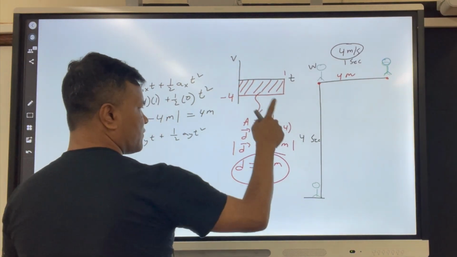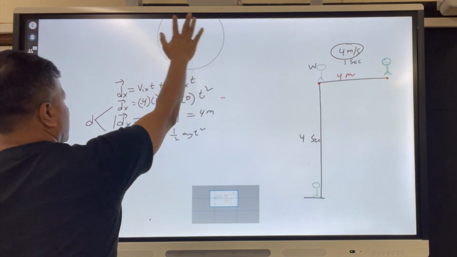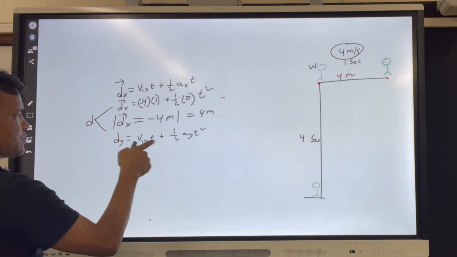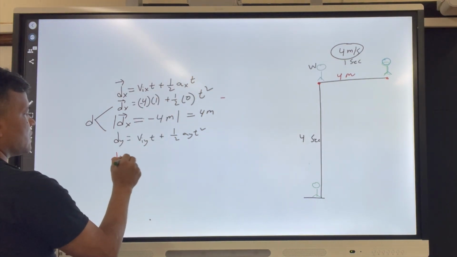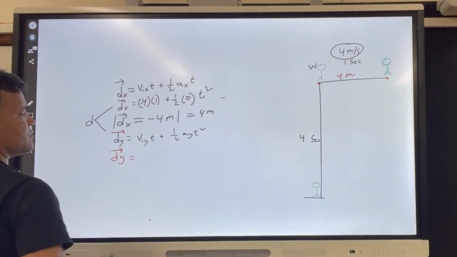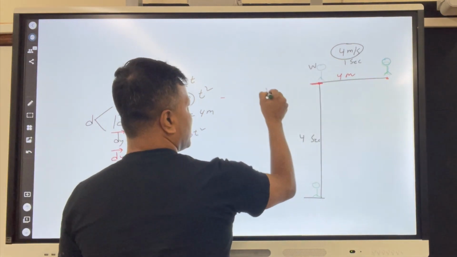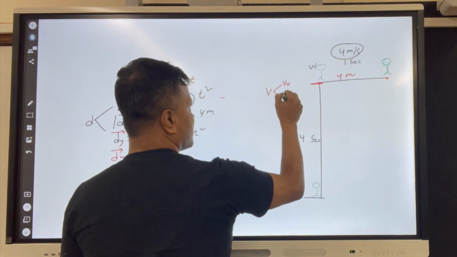Now we're going to find how tall the building is. We're going to find that using another equation. dy is equal to, remember this is the displacement, so it is a vector quantity, viy t plus half ay t square. Here v has vx and vy.